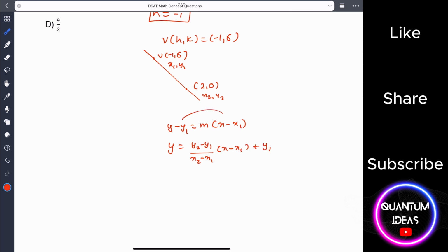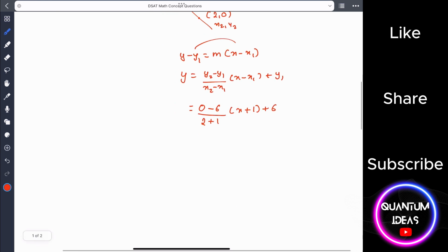Now let's plug in all the values. y2 is 0, minus 6, divided by x2 which is 2, minus x1 which is -1, so minus becomes plus. y1 is 6.